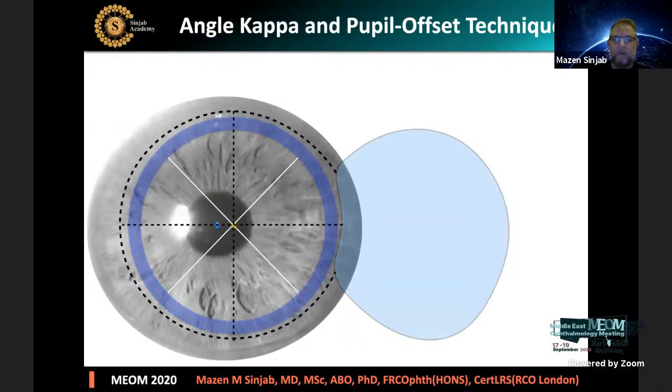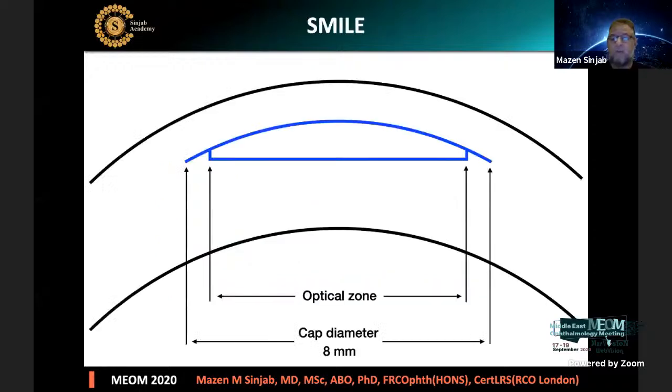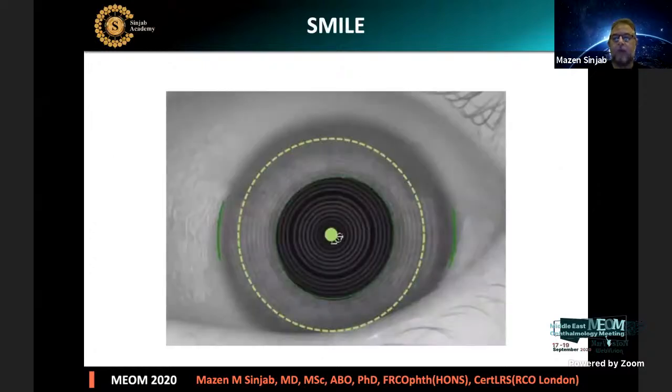Now, when we recenter the flap as well, if the cornea is very small, then we are going to interfere with the limbus. In addition, we have to avoid complications in the femtosmile, because as we know, in femtosmile we are creating a pocket. Now, if the angle kappa is within the normal range, then the whole pocket will be within the cornea.